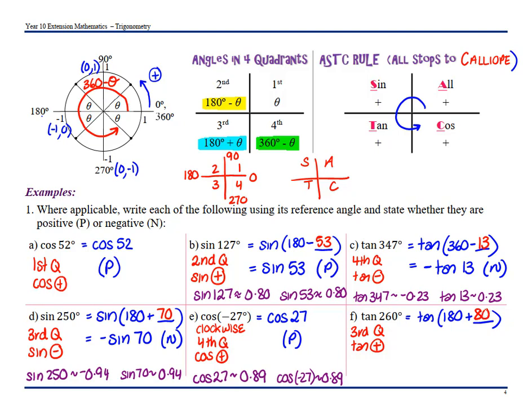It's going to be plus 80. So this is going to be exactly the same value as tan of 80, and it's going to be positive. Again, verify, work out what tan of 260 is on your calculators, and you get approximately 5.67. Then go tan of 80, and you get the same answer.